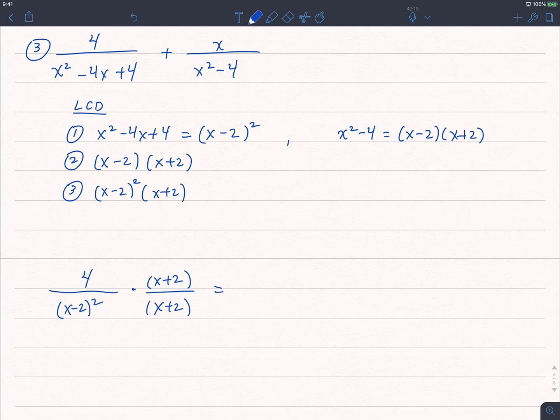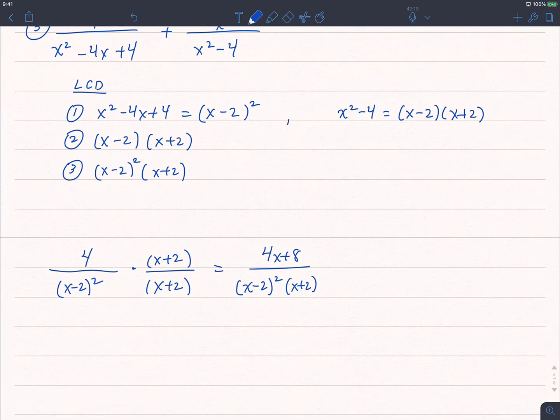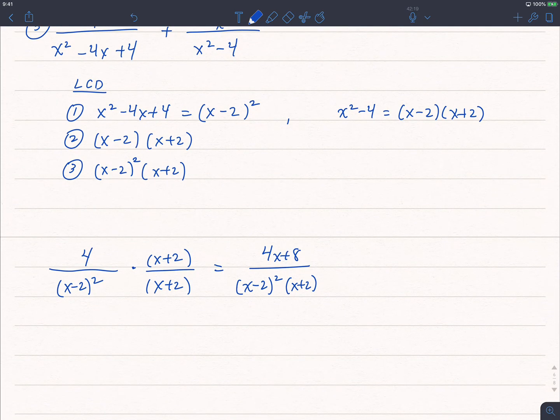And so we multiply the first fraction by 1, and we have 4x plus 8 in the numerator, and of course the LCD in the denominator. Again, we don't need to simplify this because we're just trying to get the denominators to look the same. We don't care what it looks like simplified. So that's the first fraction.